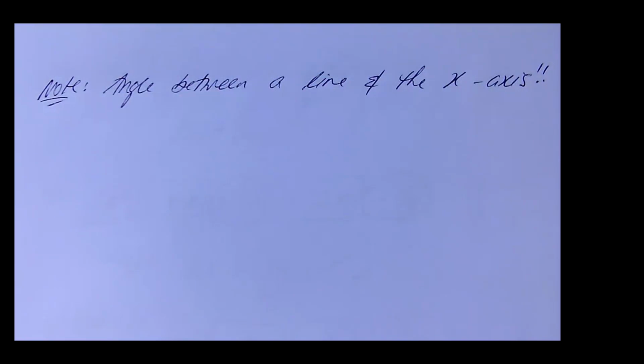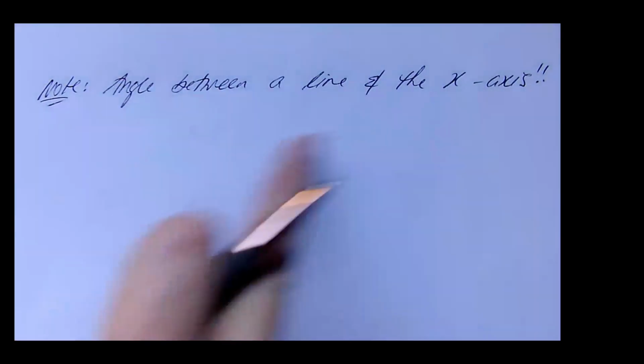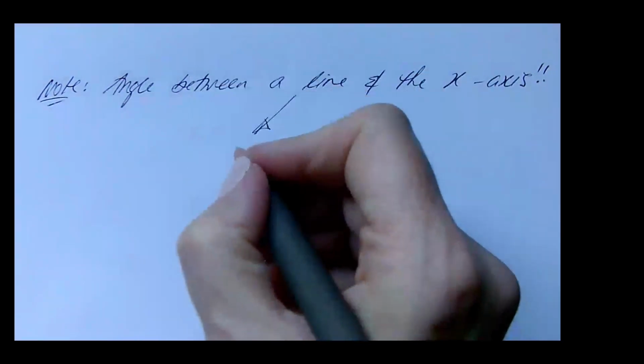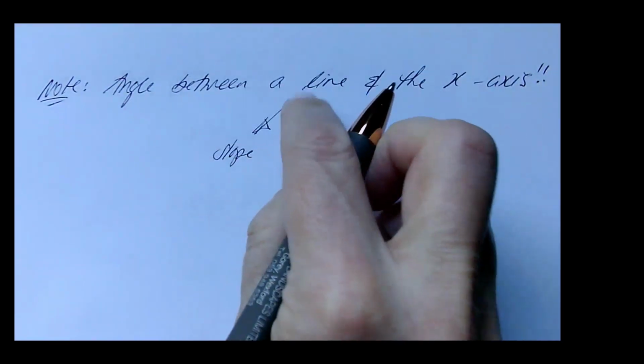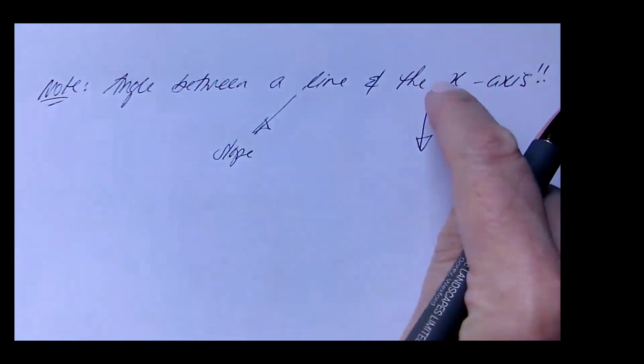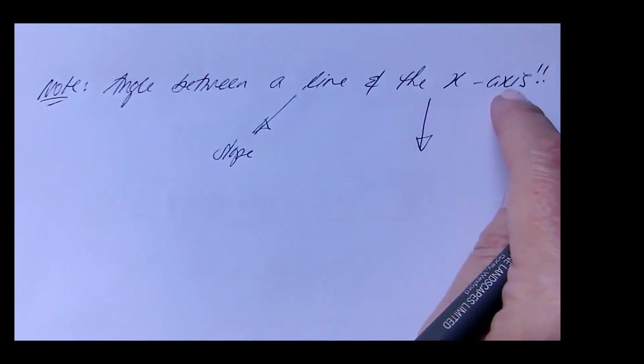Just a little note at this point, if you are looking for an angle between a line and the x-axis, obviously they'll give you more information than this in the question, but the first thing you're going to need to do is pull out whatever the slope is of that line. But the other bit of information you're going to need is the slope of the x-axis.